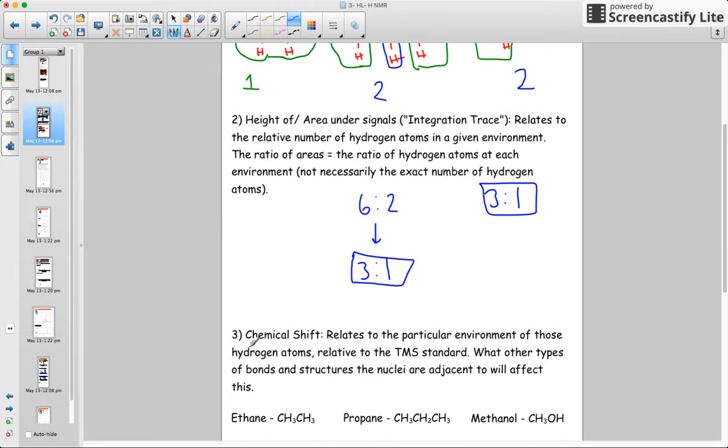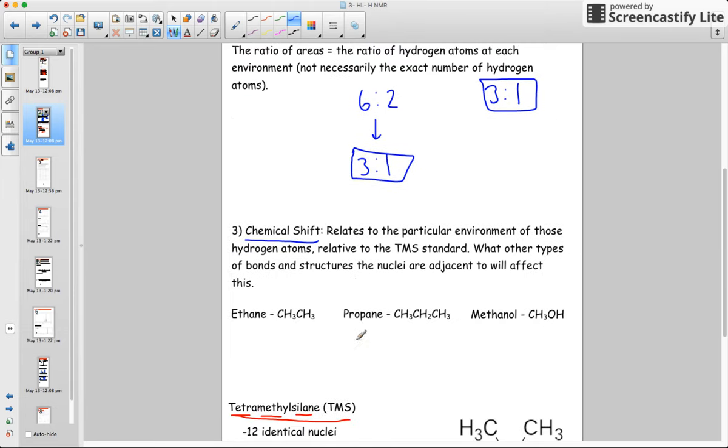And then the third thing to think about is called the chemical shift, which is how far down the x-axis these things show up. The chemical shift values are listed in the data booklet, and we'll look at that next. The further left these peaks are, the higher the chemical shift. So it's a little bit odd the way it's listed. The reference value, that TMS that we talked about, will be down here at 0.